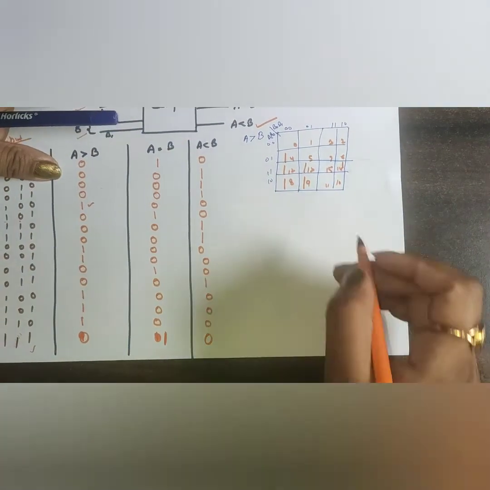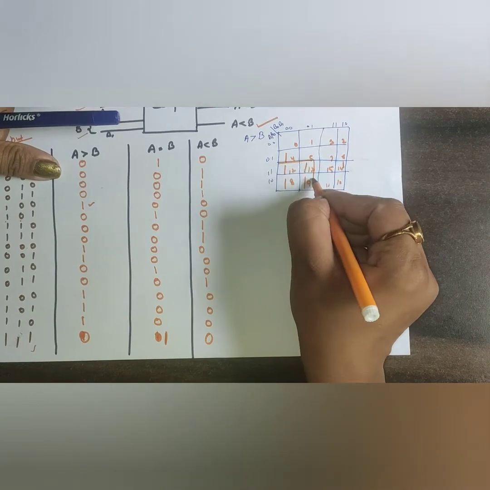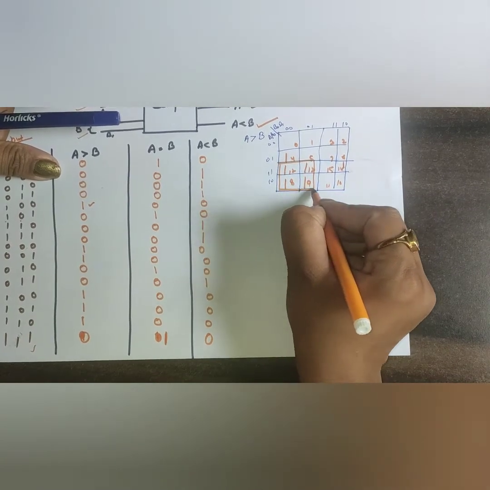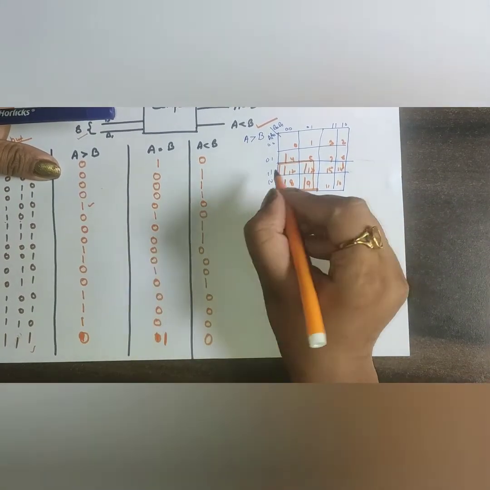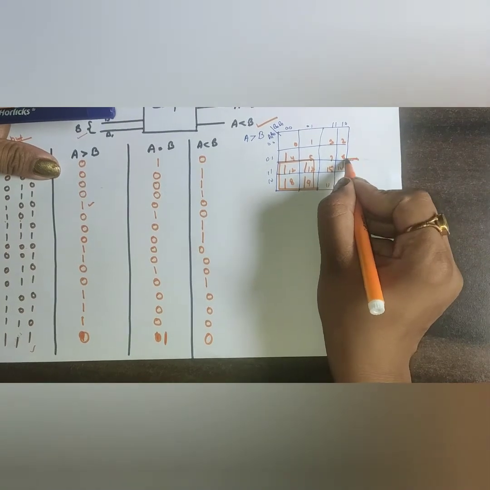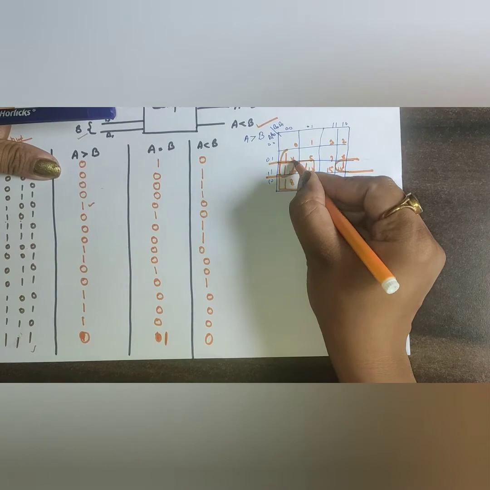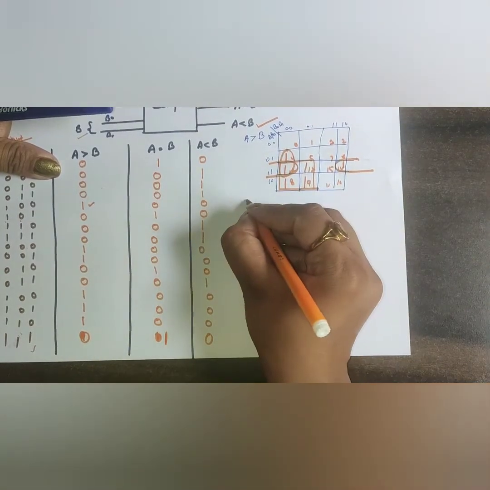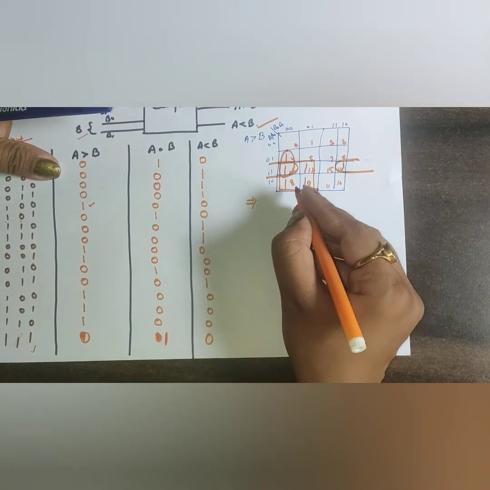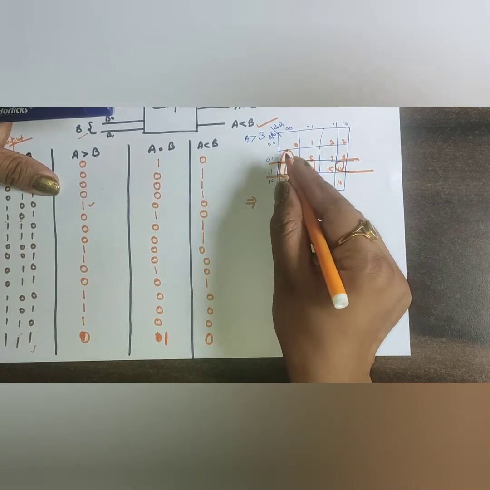So this is our K-map. If we solve this, we get this graph and can make a grouping like this, and we will get the equation for each group.